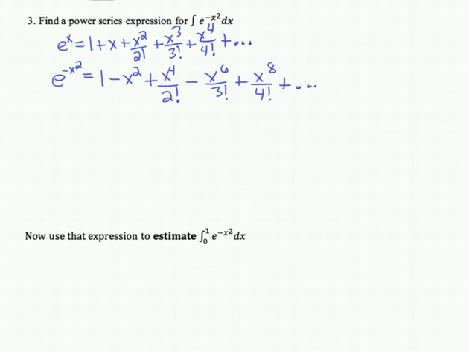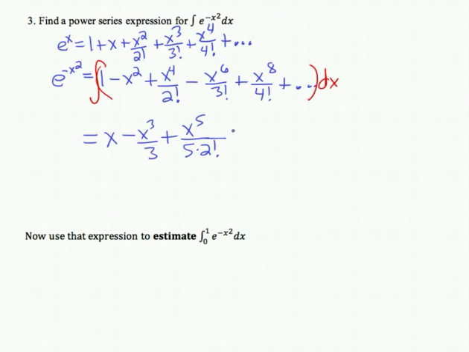Now we need to integrate that. So we're going to integrate this whole thing with respect to x and see what we get. So if we integrate 1, we get x. If we integrate x squared, that's x cubed over 3, right? We integrate this, that's x to the 5th over 5. I'm just going to leave this 2 factorial in case I need it to figure out my pattern.